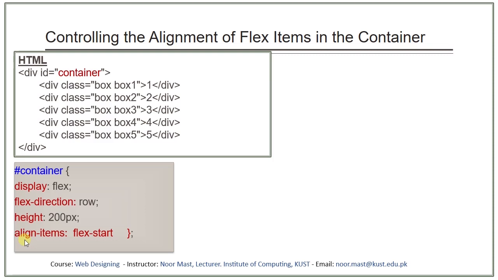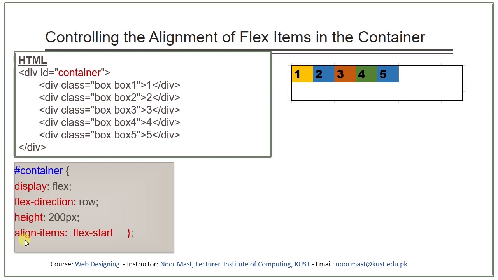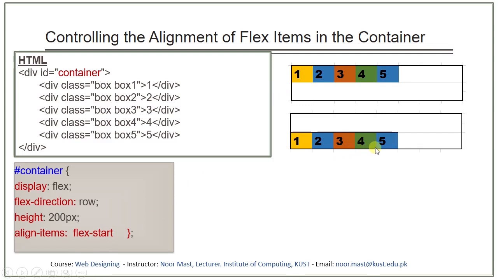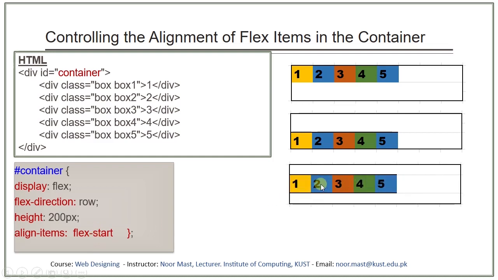So when the value is flex-start, the output of this code will be something like this one. That is, the items are placed at the start of the cross axis, while if we change this flex-start value to flex-end, then the output will be like this, to place items at the bottom of the cross axis, while setting this value to center, the output will be like this one.